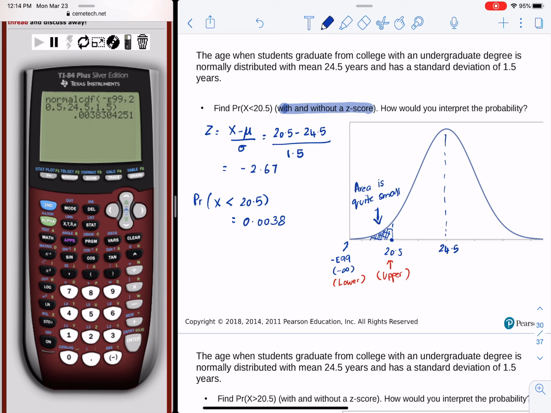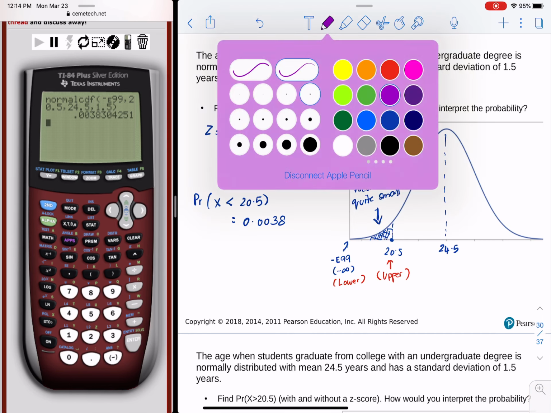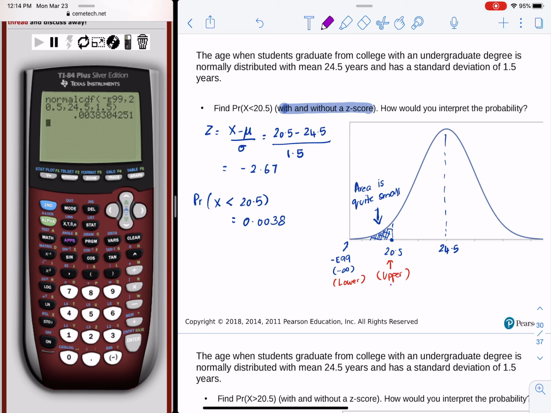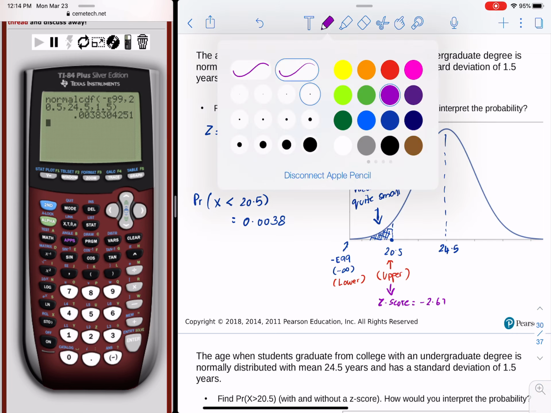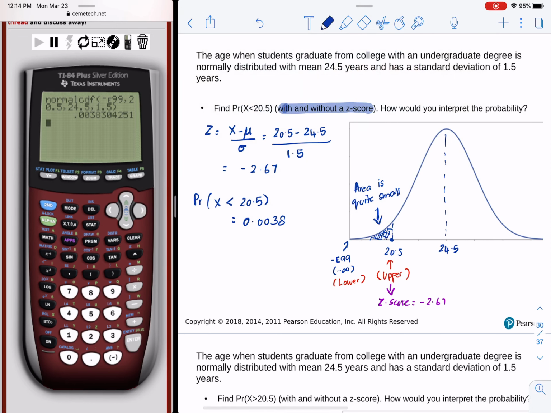If we use the z-score, we know that the z-score corresponding to 20.5 is negative 2.67. The only thing that will change when we convert an observation to a z-score is that it would get converted to the probability z is less than negative 2.67.